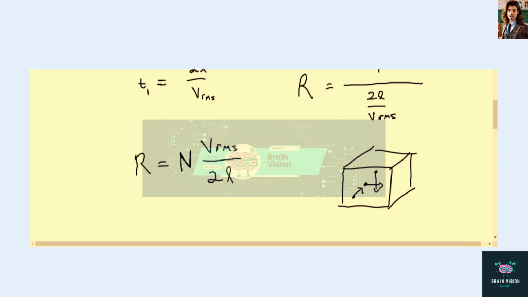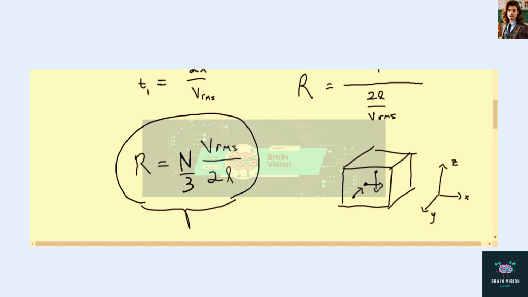So we can imagine that for a large number of molecules, we can approximate that about 1/3 of them will be making collisions in the x direction, about 1/3 of them will be making collisions in the y, and about the other third will be in the z. So really what we want to do is take this equation for the rate of collisions for n molecules and divide it by 3, since we have 3 axes here in our 3D space. So this is going to be our final equation for the rate.